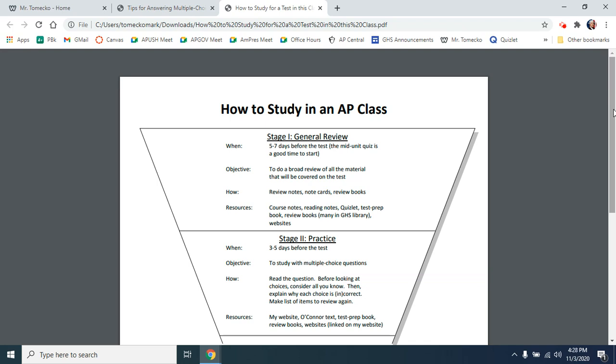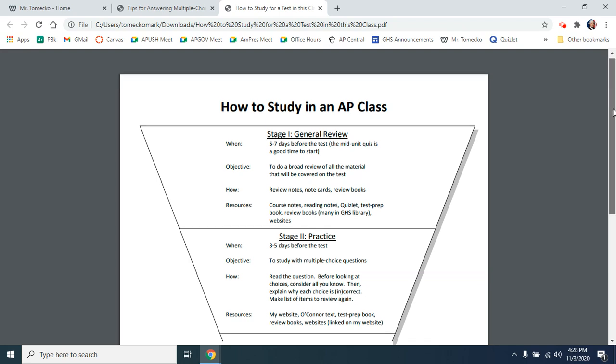Obviously, the more time you invest in studying, the better off you'll be. But let's just say that you were going to spend 2 hours studying for a unit test the night before. That won't work. If you could spread that 2 hours out over maybe several days to a week before the test and do it in these three stages, you will find that that's going to produce a much greater result.